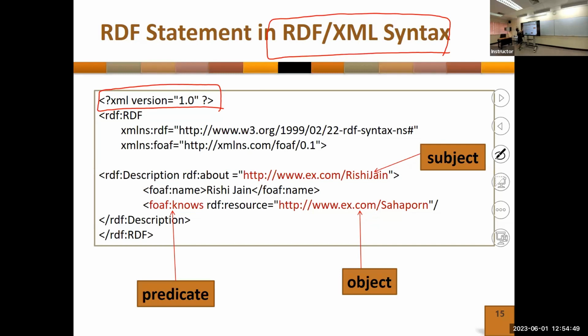Second, this is the start element, the root element, and this is an open and close element. Okay, open and close here. So we start the open element RDF with the RDF element.